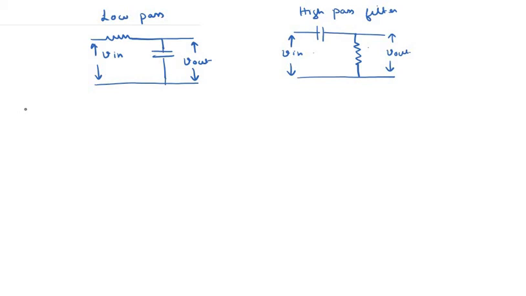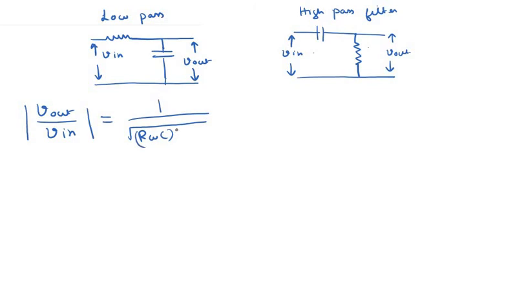For a low pass filter, we already noted that mod of V out divided by mod of V in is equal to 1 divided by root over (r omega c) square plus 1. This we derived earlier, and now this should be equal to 1 by root 2 at the cutoff frequency. So we put omega equal to omega c here, because this is the cutoff frequency.